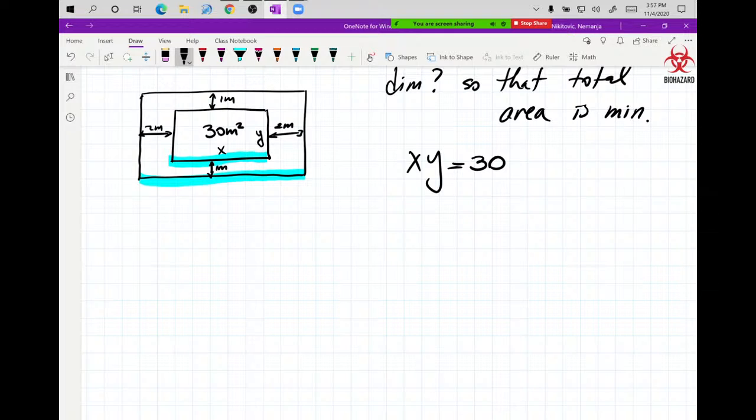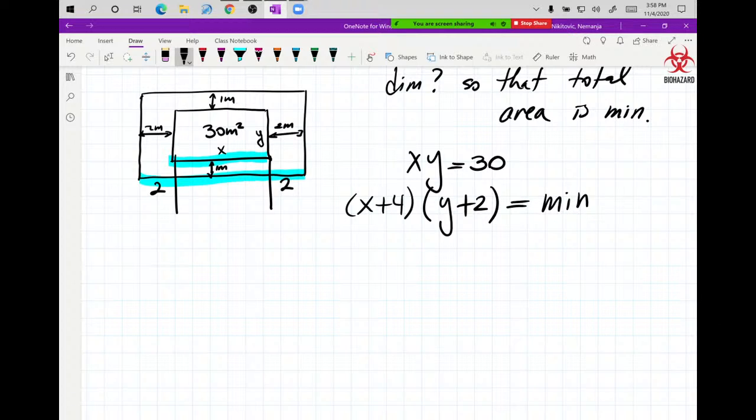X plus 4. X plus 4, perfect. X plus 4, because you have the same length x, and then you're adding 2 meters on each side, so the total is x plus 4. Similarly for y, it is going to be y plus 2. And that area is the total area which we want to be a minimum.